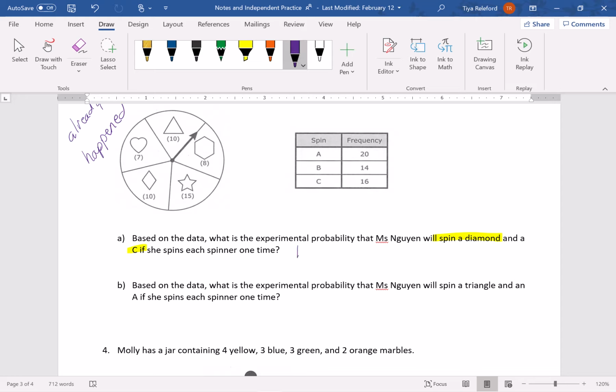So you need the probability of a diamond and the probability of a C. What's the probability of a diamond? 10 out of 50. What's the probability of a C? 16 out of 50. Now, you can simplify first, or you can multiply and then simplify later.